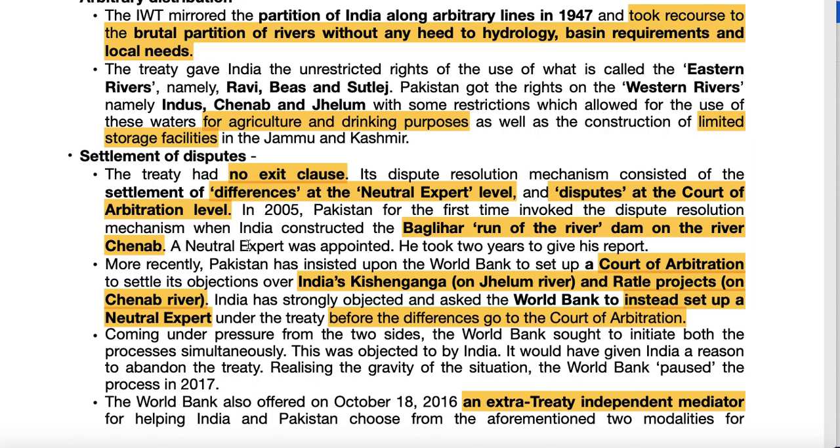But the neutral expert said that no, it is not disrupting the flow of the river, and it is not a big storage facility, it is just a localized storage which is important for agriculture and drinking water purposes. So India is well within its right to explore this project. So it gave the verdict in India's favor.